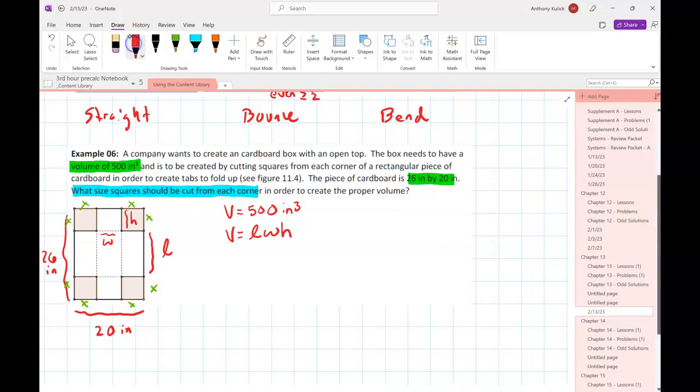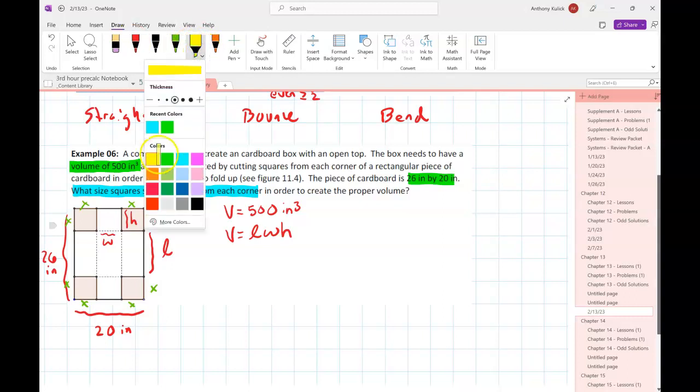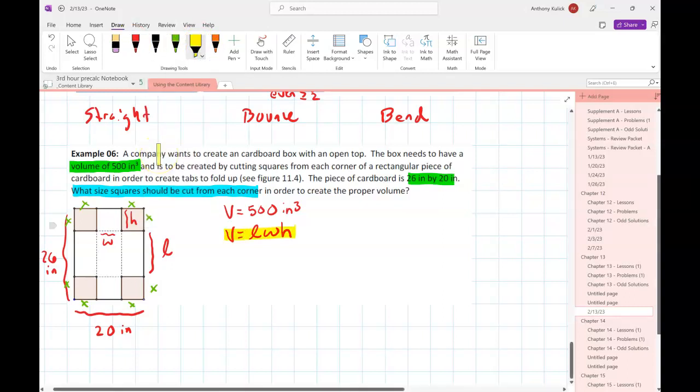So my goal now is going to be to take my equation for volume and rewrite it, so instead of being in terms of length, width, and height, it's just in terms of x's. Okay? So how can I rewrite length in terms of x's? I know the length is equal to 26, right?